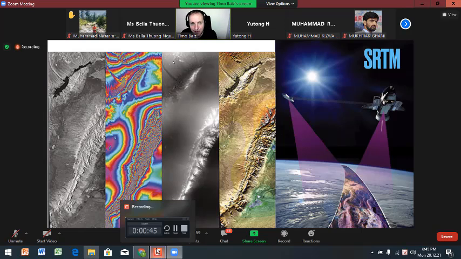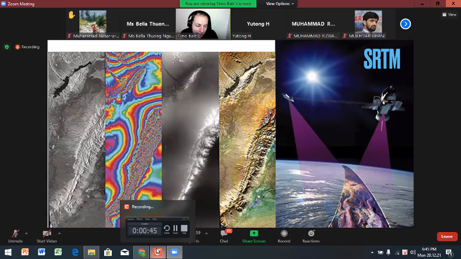I have to say that because even for SRTM, the time difference between these two images is not exactly zero. There is a small time difference between them. But it is very close to zero, and we have basically no atmospheric differences between these two images. Again, there are small atmospheric differences because the paths are not exactly the same, but very, very small. So we don't really have temporal decorrelation and atmospheric problems in that configuration.